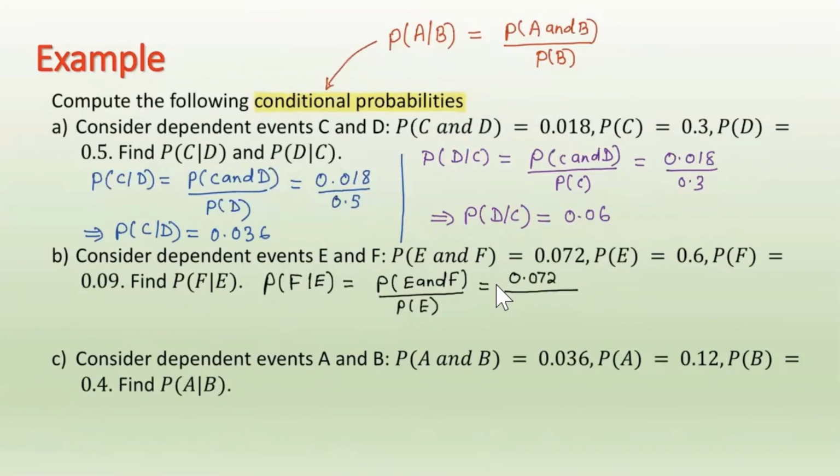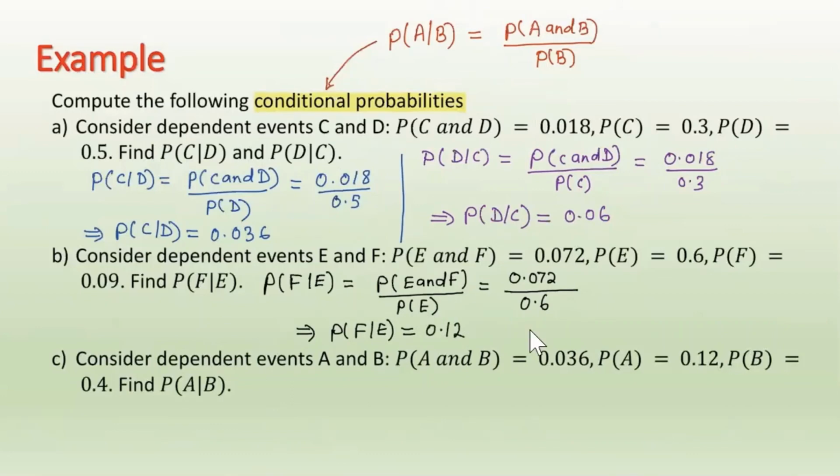Okay, and then divided by, what is probability of E? 0.6. Now we need to divide that. Please divide and find out what you will get. 0.072 divided by 0.6 is how much? 0.12. Very good. That is the probability.